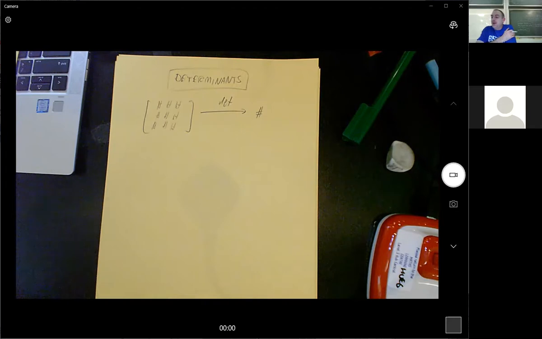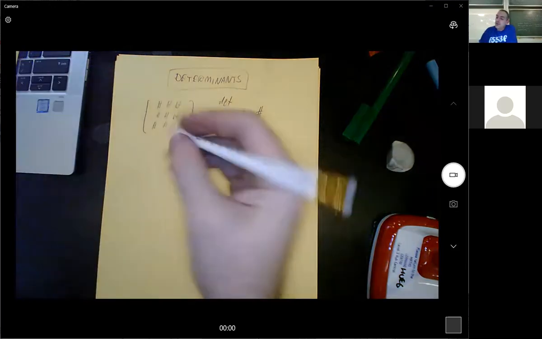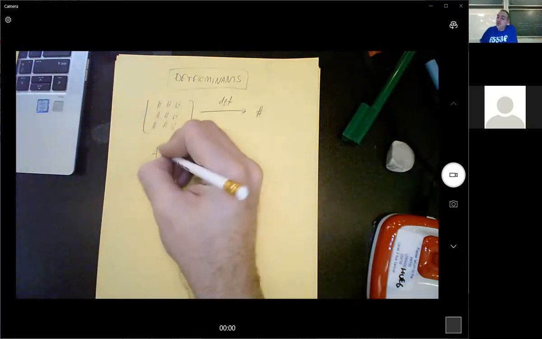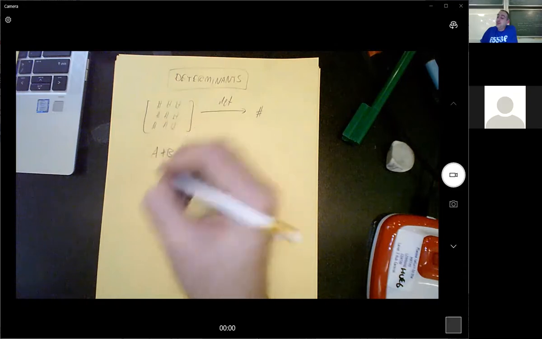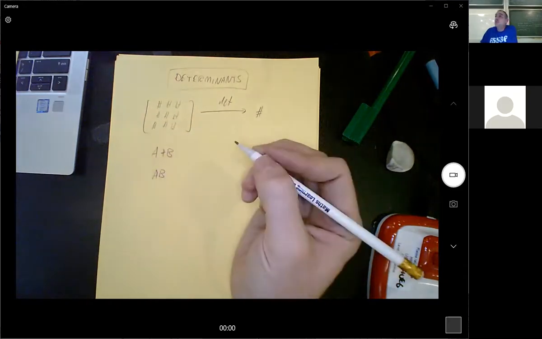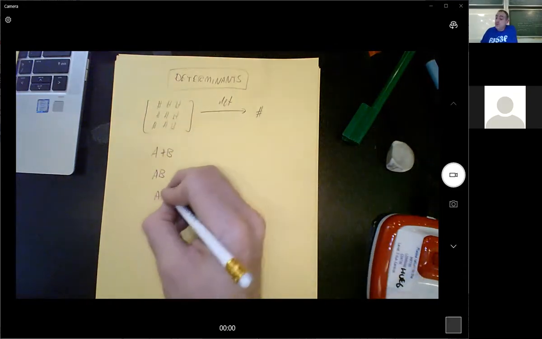All right. So determinants are a thing you can do to square matrices. And anytime you learn a new operation that you're allowed to perform, you need to see how it interacts with other things that you know how to do. So stuff that you can do to matrices is you can add them and you can multiply them. You can find the inverse.